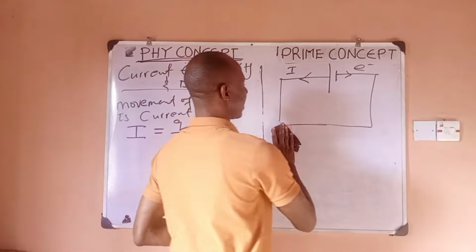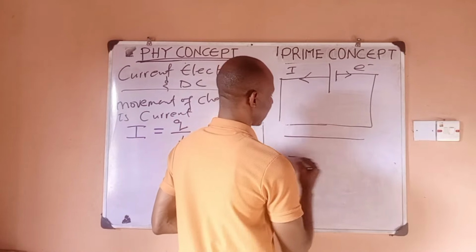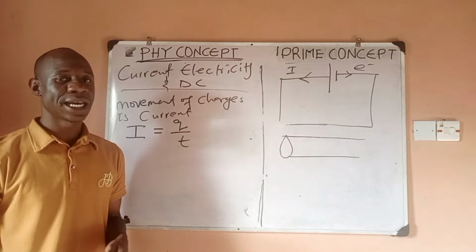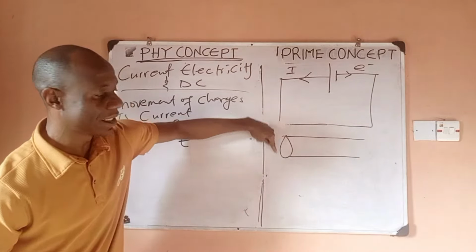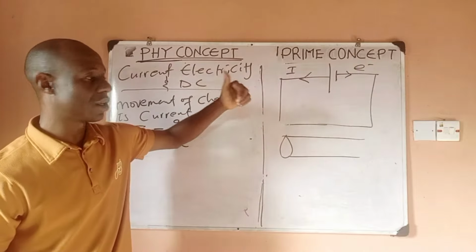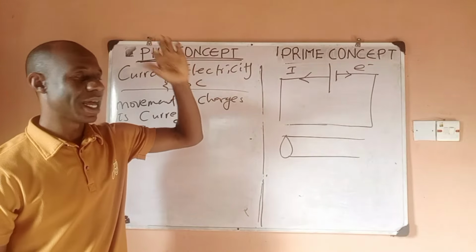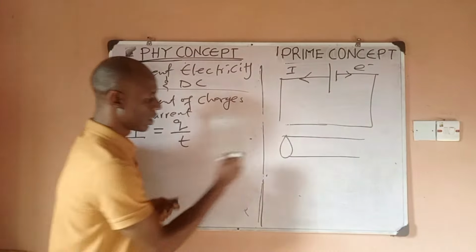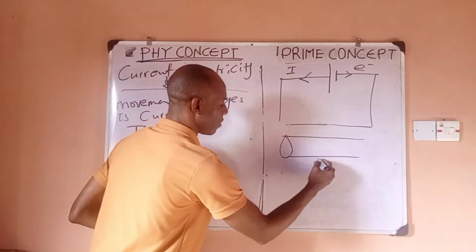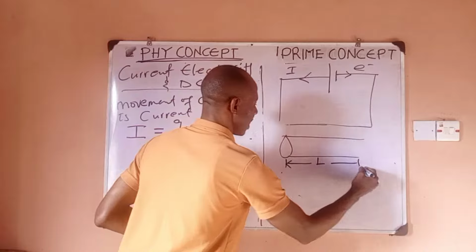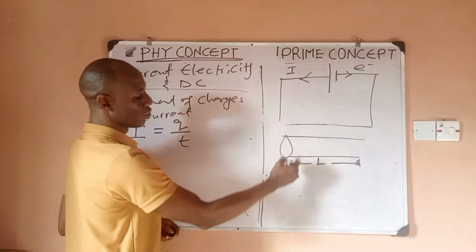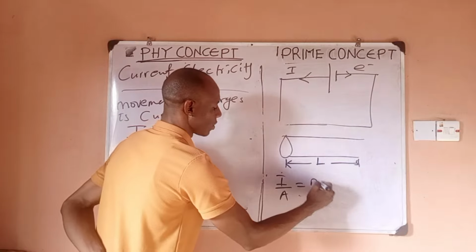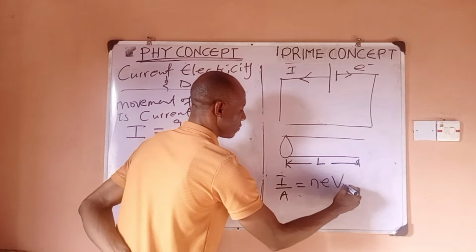Now, if you consider a large wire like this that has an area, of course, you should know that the area of a wire is actually the cross section, which is same as the area of a circle. That is the area we always refer to for area of wire. So anytime you're dealing with a wire and anything concerning area, you should know it's the area of a circle. So the current that flows through a wire of length L is given as I over A equals NE times VD.